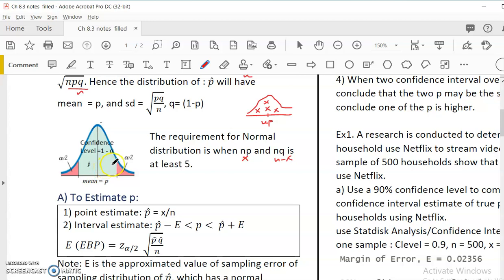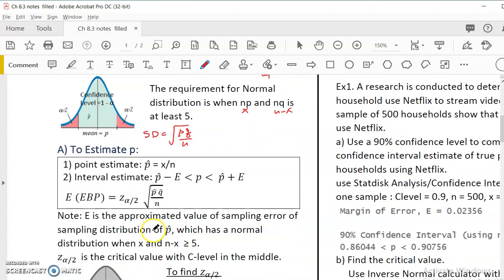If it is normally distributed, we can use the fact that the standard deviation is equal to the square root of pq over n to find the error. The error would be z alpha over 2 times the square root of pq over n.